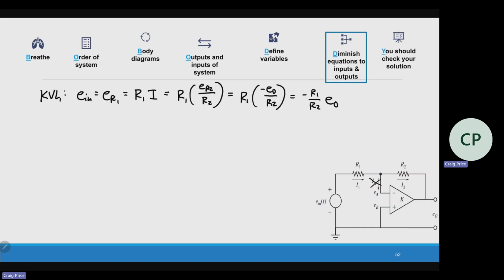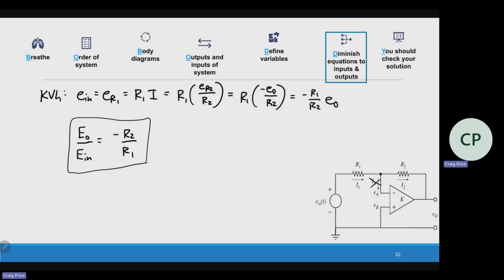Okay, so to get to my transfer function, E out over E in, we divide both sides by E in, and we get negative R2 over R1. That is our transfer function.